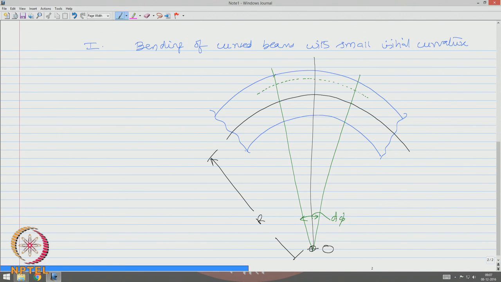Let us say this fiber intersects, or this cross section intersects at A, B at the extrados and C and D at the intrados. Let us say this is my intrados, this is my extrados.